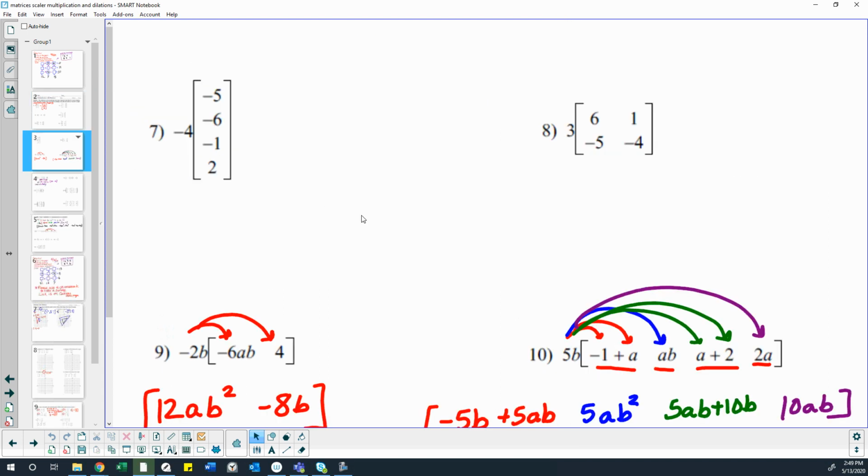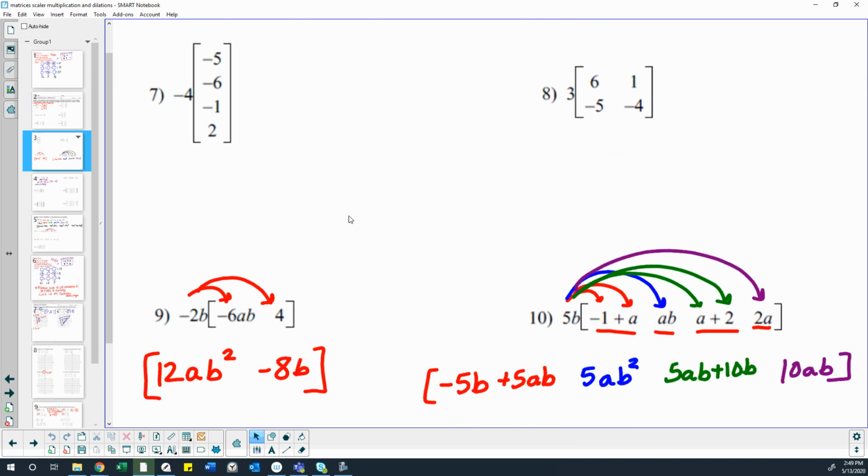Sometimes we might be dealing with algebra instead, algebraic expressions. It still works the same way. So like on number 9 here, we would go negative 2b times negative 6ab. That means the negative 2 times the negative 6 would be positive 12. Can't forget about the a, but then the b times the b will be b squared.